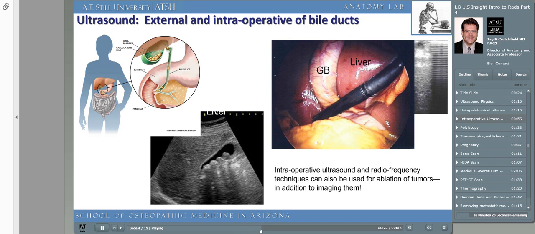The middle lower image shows gallstones within the gallbladder. Notice how the ultrasound beam causes a shadow as it passes through the gallstones. The relevant anatomy is reviewed in the image located in the upper left. Interestingly, intraoperative ultrasound and radio frequency techniques can also be used not only to find tumors, but to ablate them intraoperatively. The technology is almost endless for ultrasound.